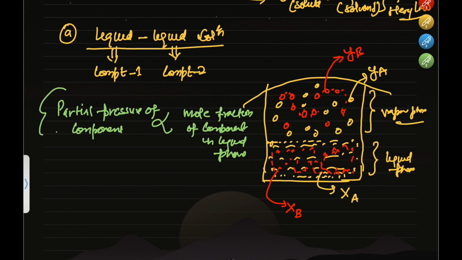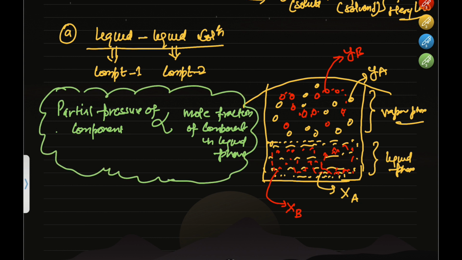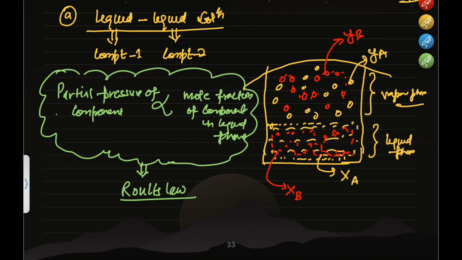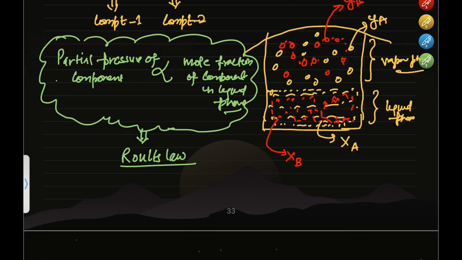This is called Raoult's law. इसी को Raoult's law कहा जाता है. Partial pressure of the component is directly proportional to the mole fraction of the component in liquid phase.